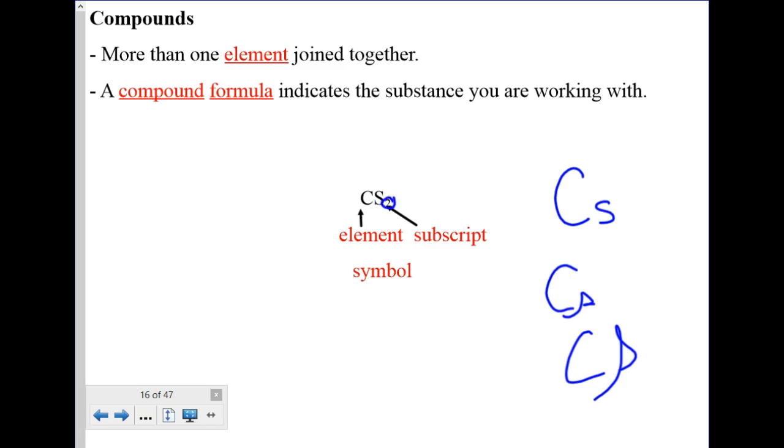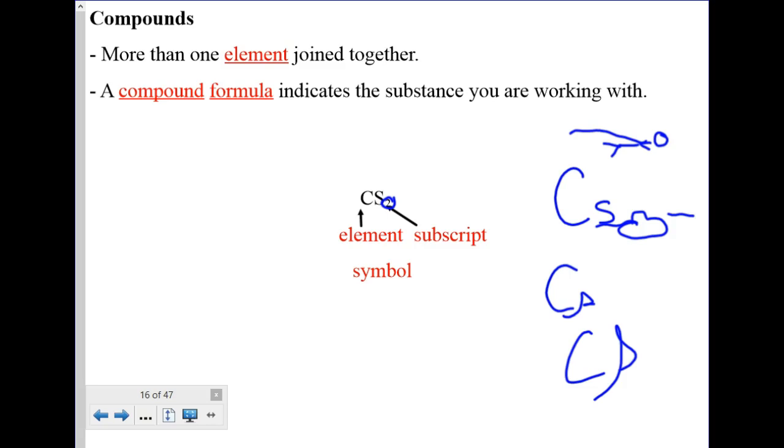This is what we call a subscript. Subscript goes to the right and below. So, think submarine underneath the water, right? If you have a superscript, which is going to be something like ion charge, think Superman.